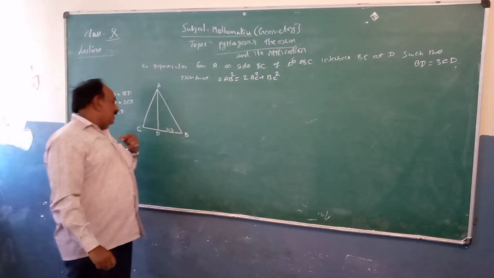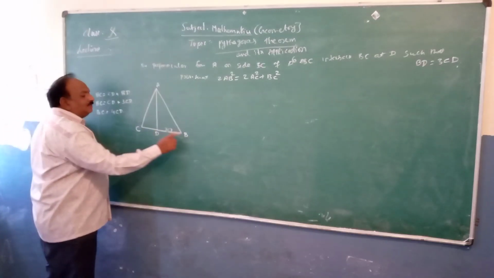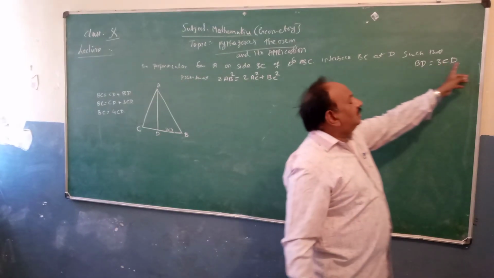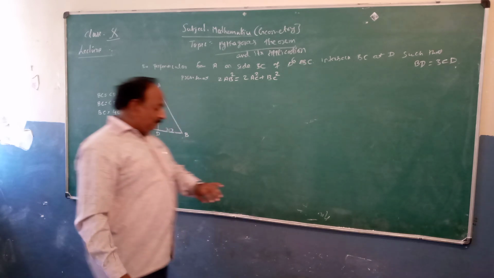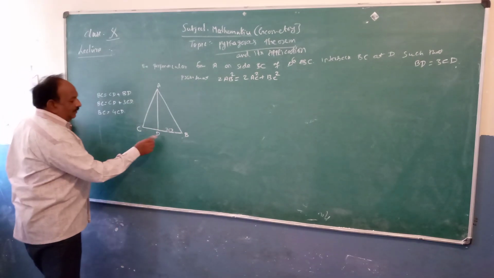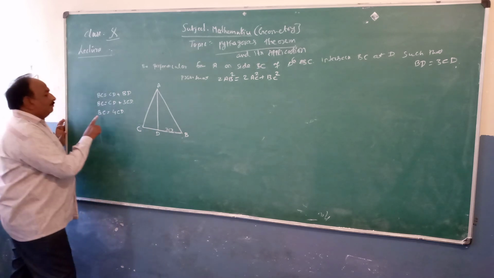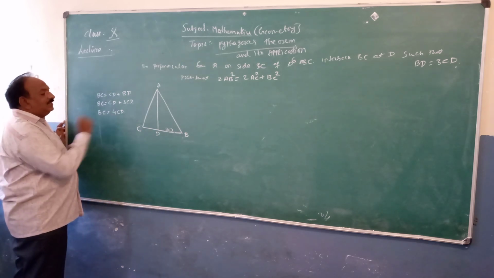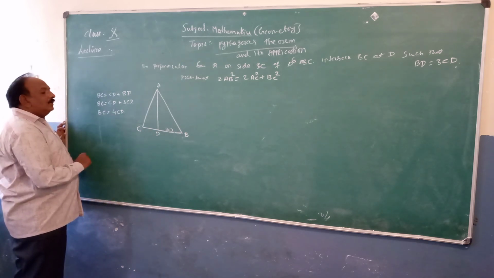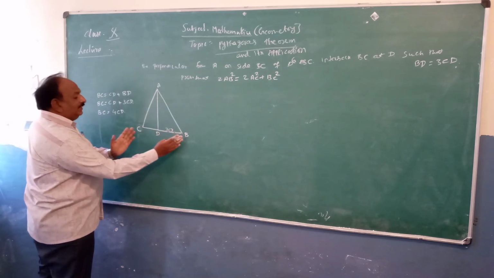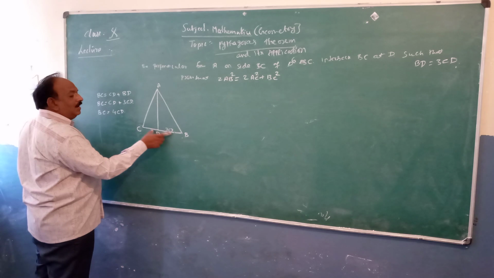BC can be written as CD plus BD. They have given BD is equal to 3CD. So what is the total? It becomes 4CD. 4 parts.